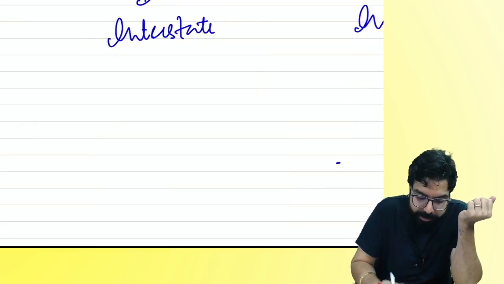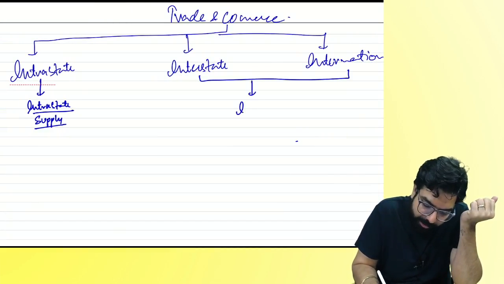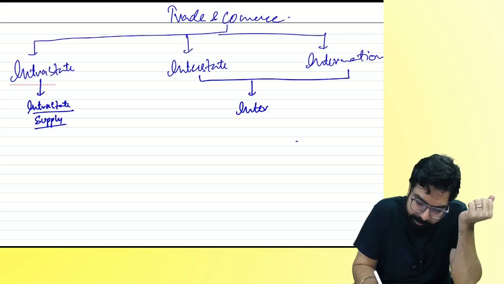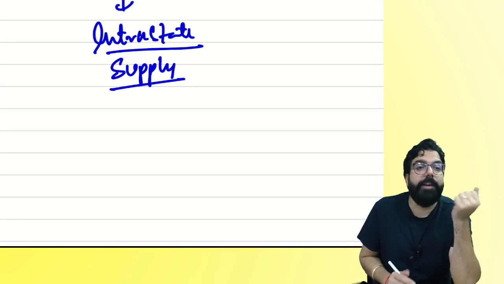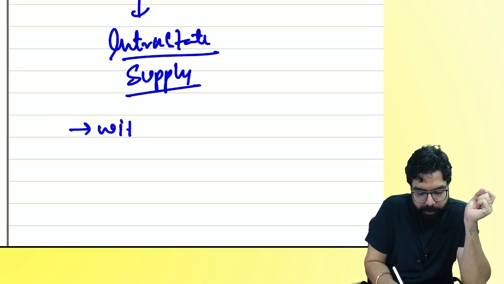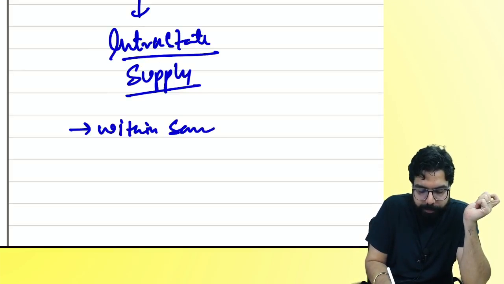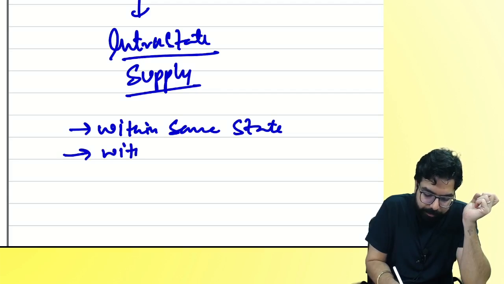These two, interstate and international, in GST are known as interstate only. International is also called interstate. What is intrastate? The transaction is happening within the same state or within the same UT.